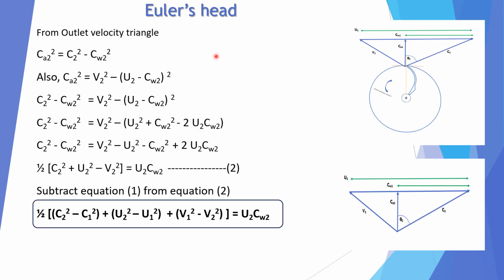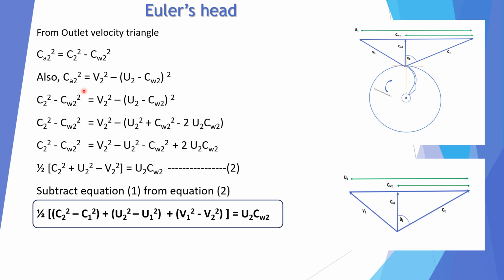Now for the Euler head, for the outlet velocity triangle, this is the impeller outlet velocity triangle, and the same thing is written here. If you look at the right hand side of the triangle, CA2 square is equal to C2 square minus CW2 square, and also on the left hand side, CA2 square is equal to V2 square minus (U2 minus CW2) square.